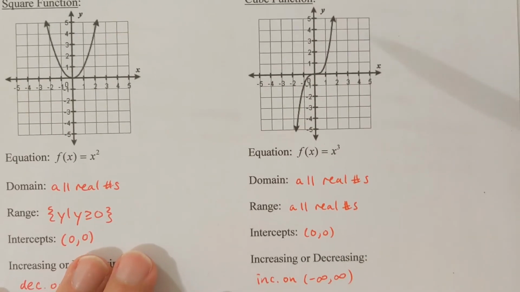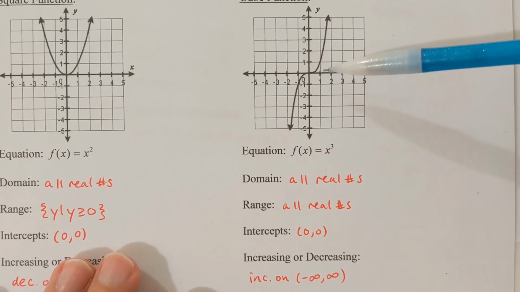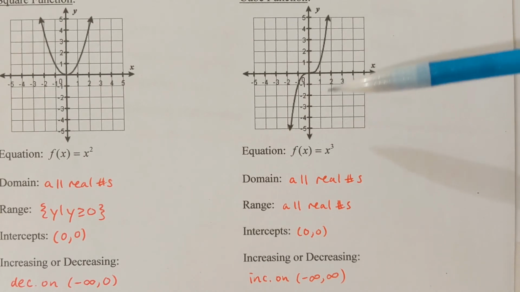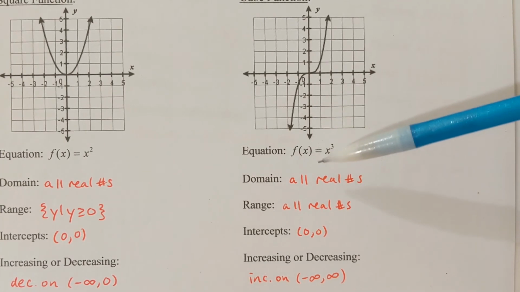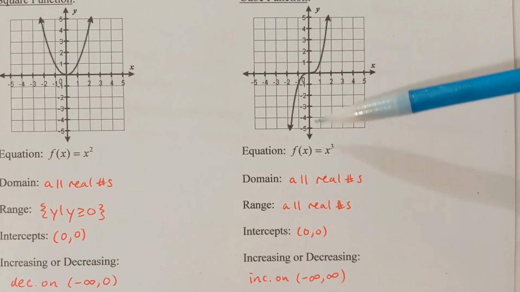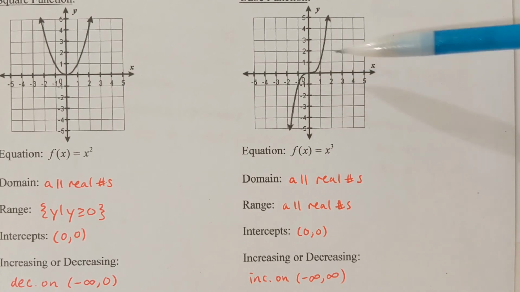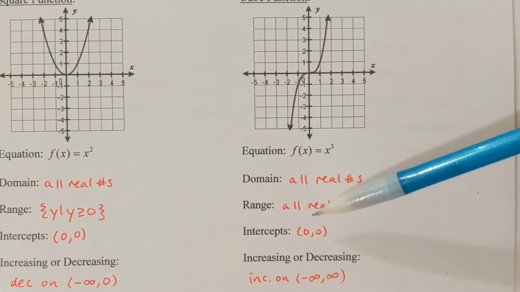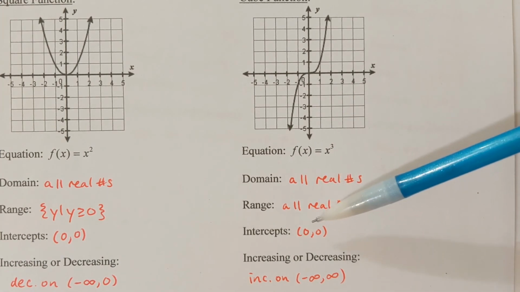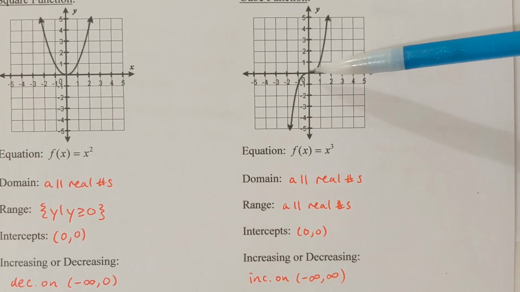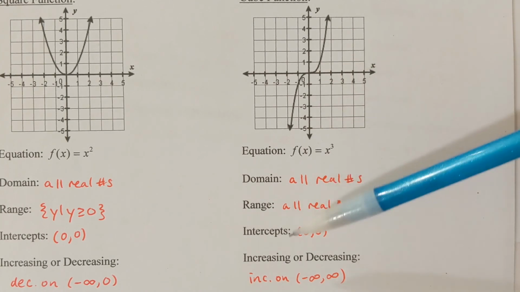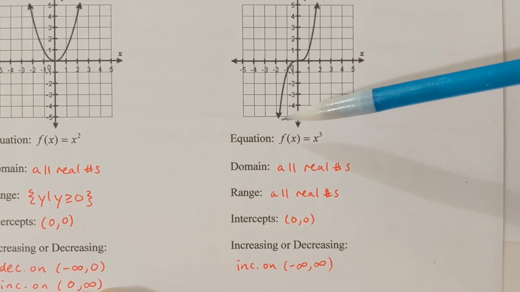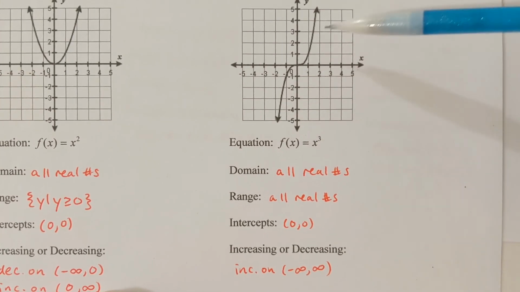Okay, the next one is the cube function. The cube function, y equals x cubed, or f of x equals x cubed, same thing. The domain is all real numbers. The range is all real numbers. You cover the x-axis and the y-axis, both of those. The intercept, the one and only, is (0, 0), right here. You're increasing everywhere on the interval, negative infinity to infinity.